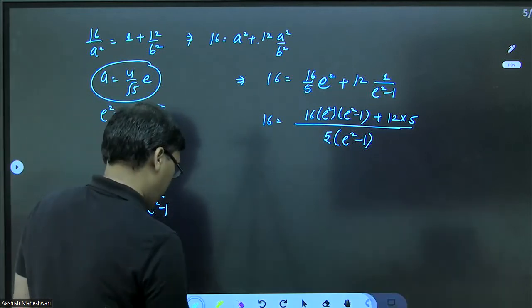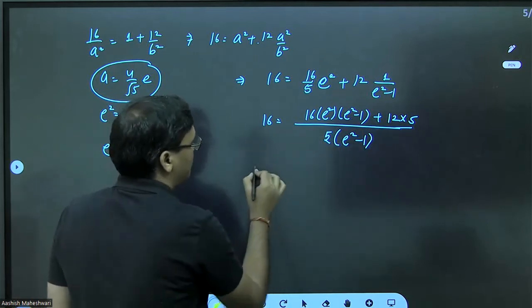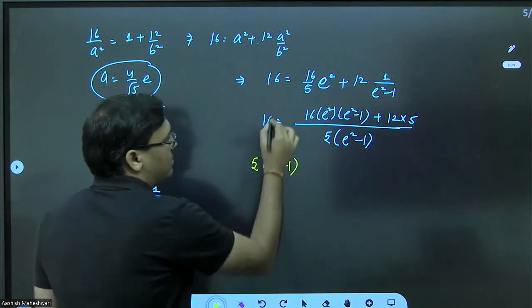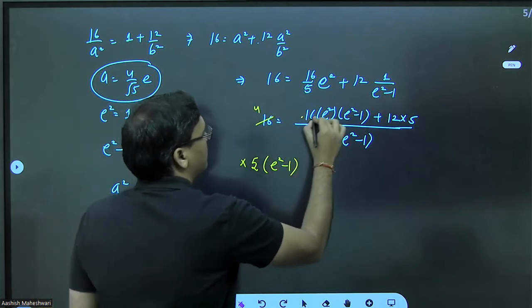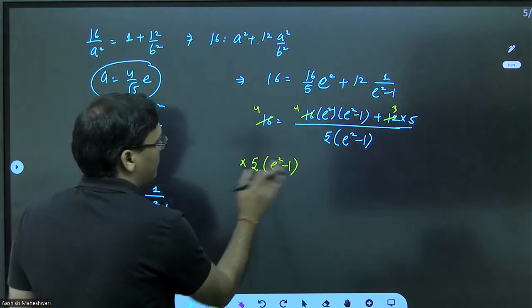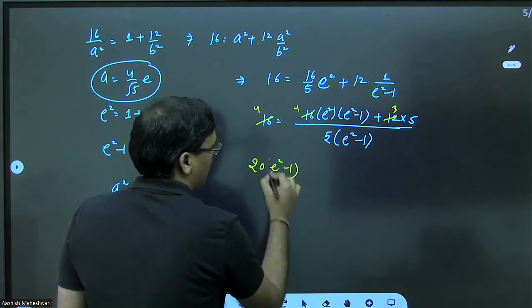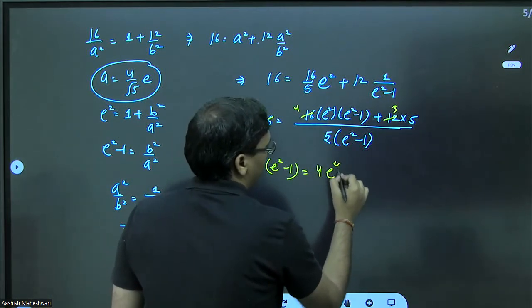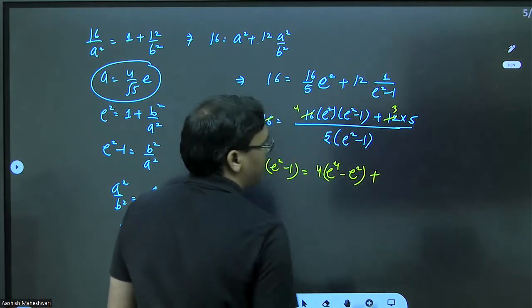So this is 5 into e square minus 1. This is 4, this is 4, this is 3. So this will become 20 e square minus 1. This is 4 e raised to 4 minus e square. And this is 15.